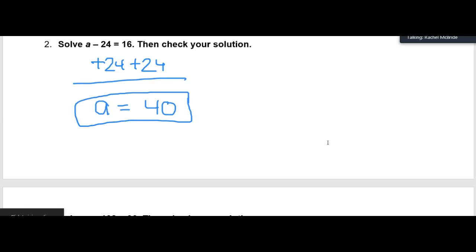You're on the right track. Make sure for the check step that you put down whatever you got for your answer. So I got for my answer a equals 40. So you want to substitute that back into the original. When I'm checking, I want to take the answer I got and substitute it back in, like we used to do for simplifying expressions.